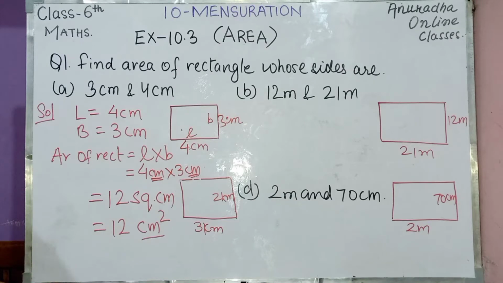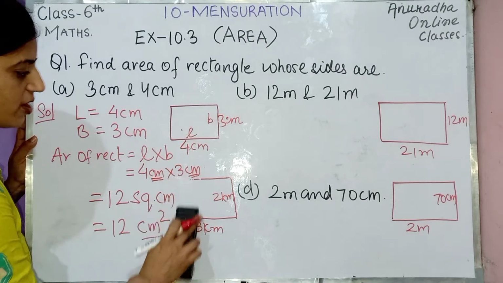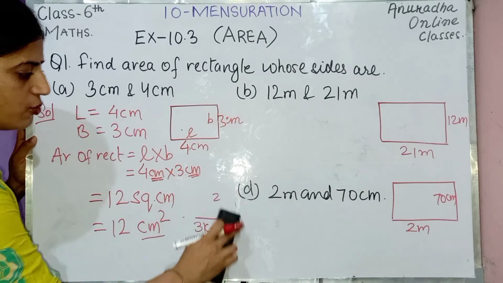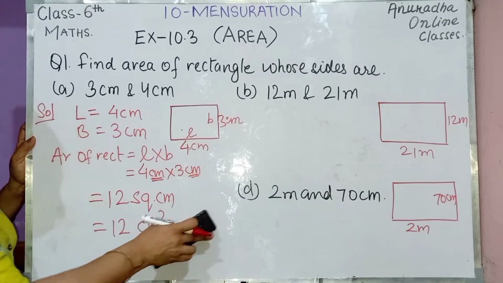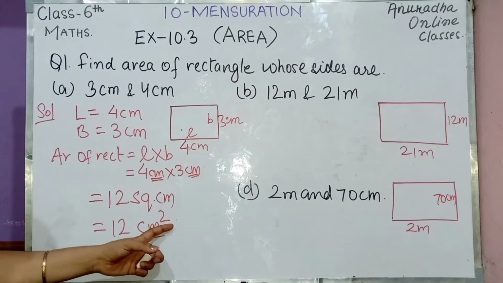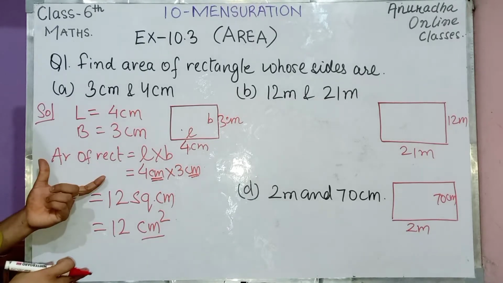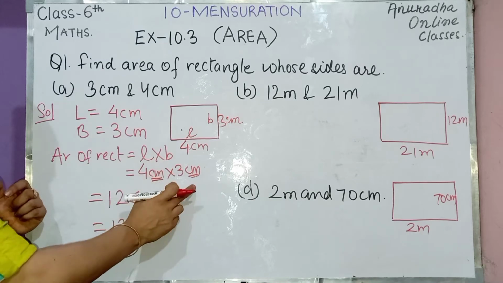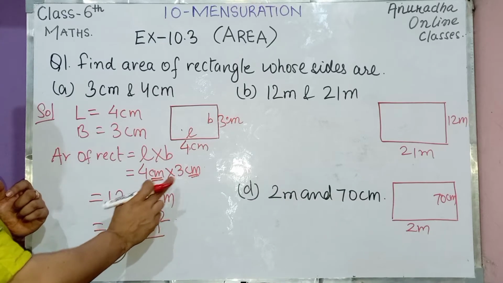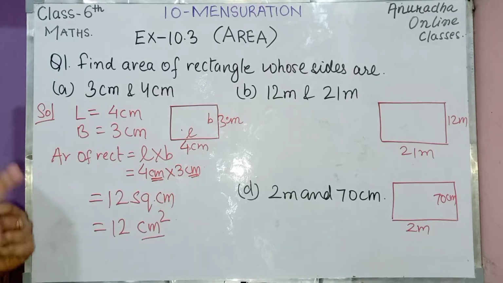So keep in mind this thing, because children just forget to put the unit. So unit is the most important thing. If you don't write the unit, and don't put the square, that is the wrong answer. Yes, that is considered wrong. So when you do length into breadth, the number will be multiplied as well as the unit will get multiplied.